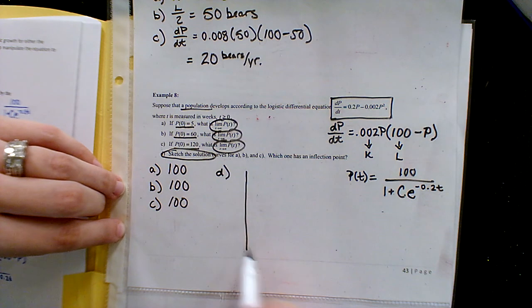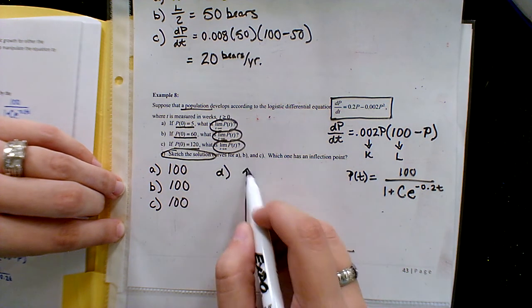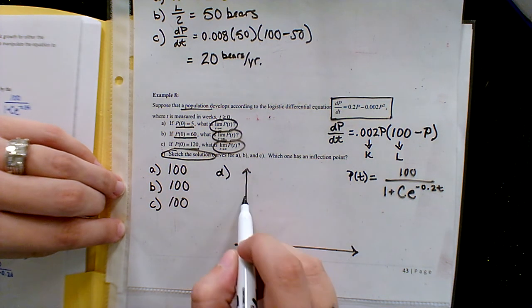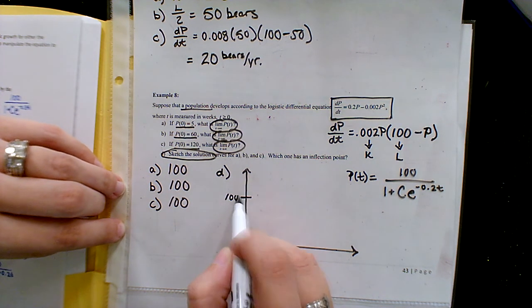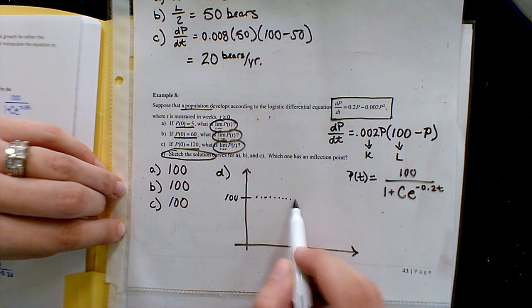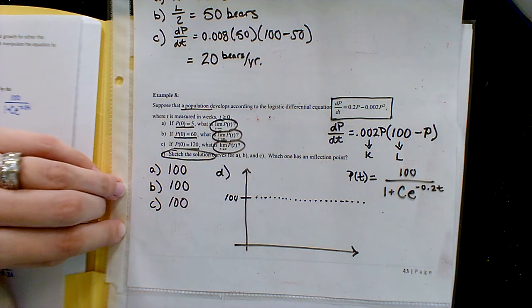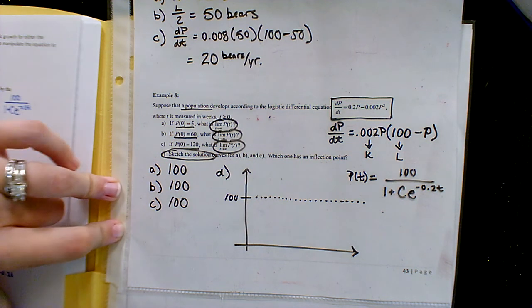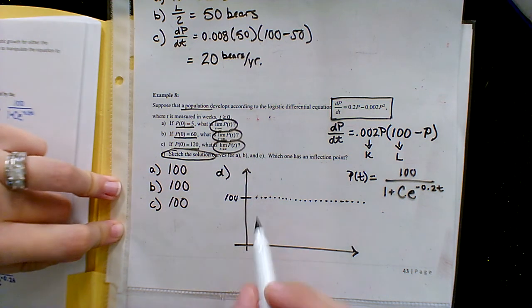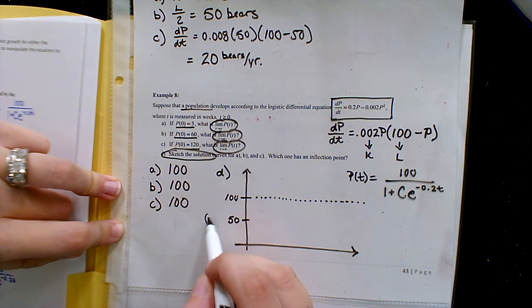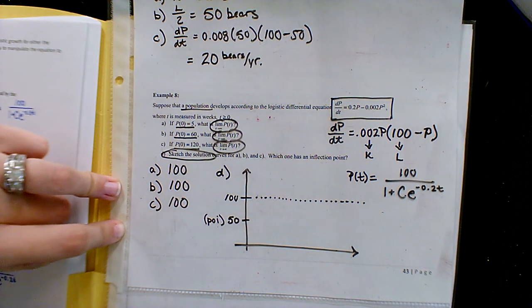So let's go ahead and draw a little grid. Okay, first quadrant. We know that the carrying capacity is 100, so maybe we'll draw in that most amount. Do we know where the point of inflection is? Where this population is growing the fastest? Isn't that 50? So that's where your point of inflection occurs.